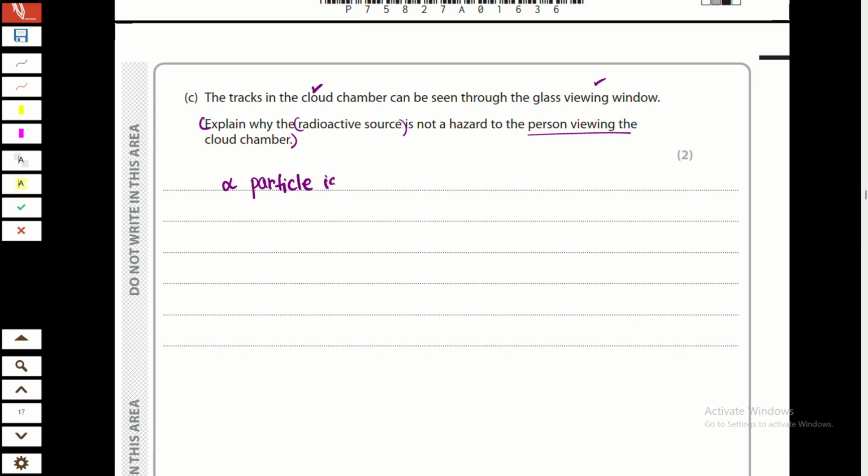So the first reason would be that the alpha particle is outside the body.